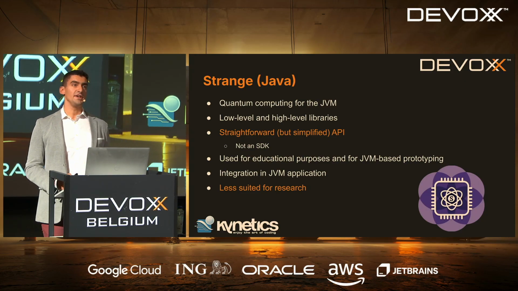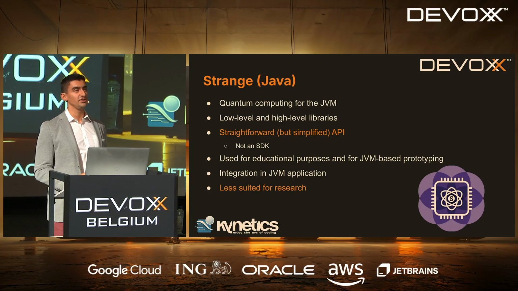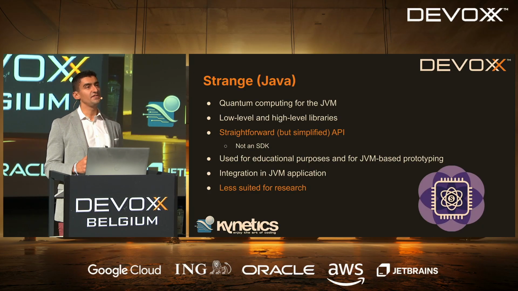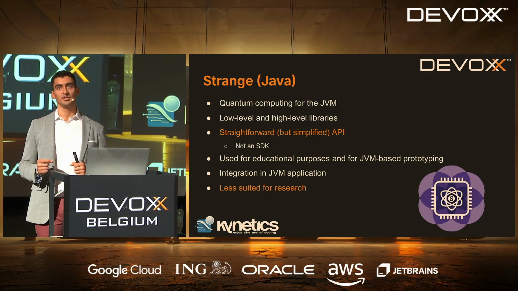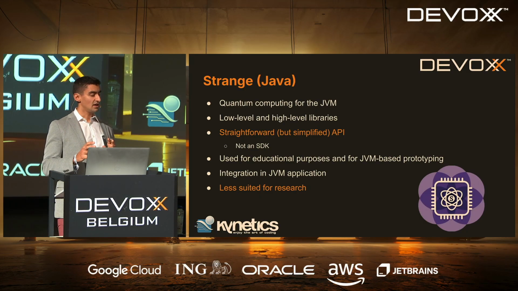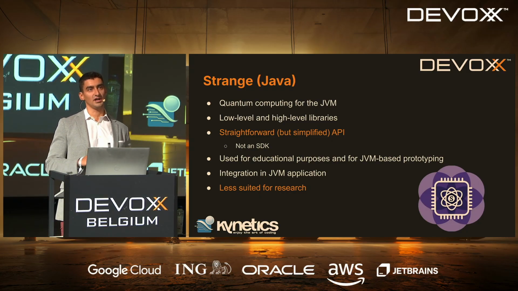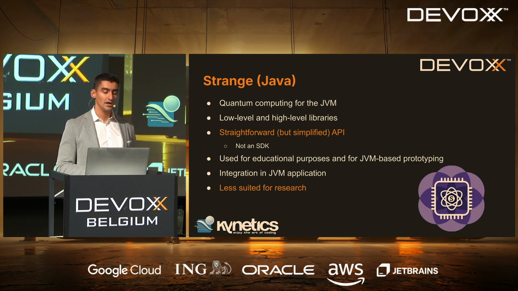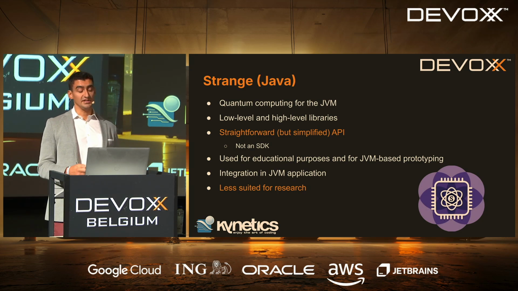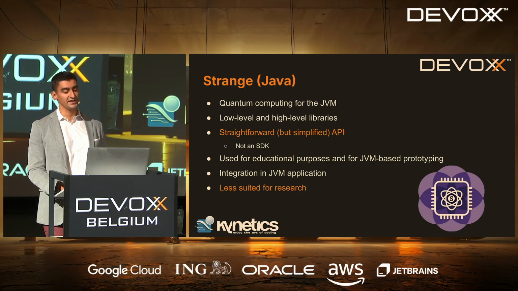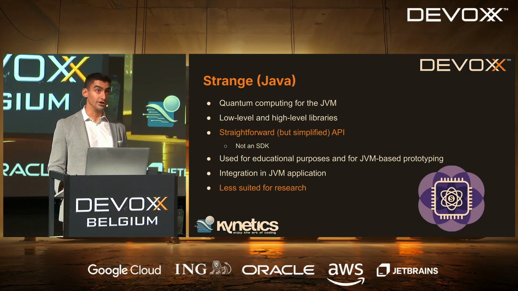Now, Strange's API is very straightforward. As you'll see, if you come from a Java world, if you have a Java background, it's very easy for you to pick up how to write quantum programs using Strange. You have a simulator, a sequence of steps. You can just combine them to have a big quantum algorithm. So it is very useful for educational purposes. It's actually the first library that I studied for the quantum computing world.